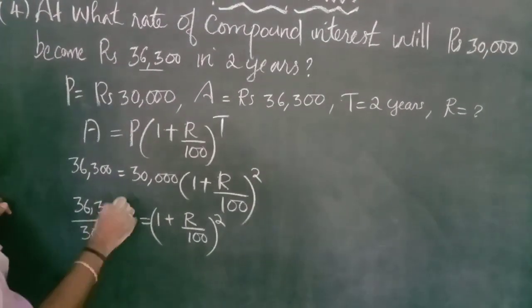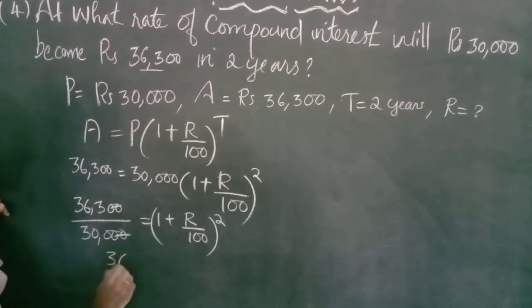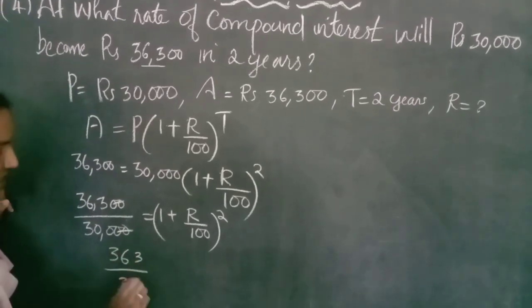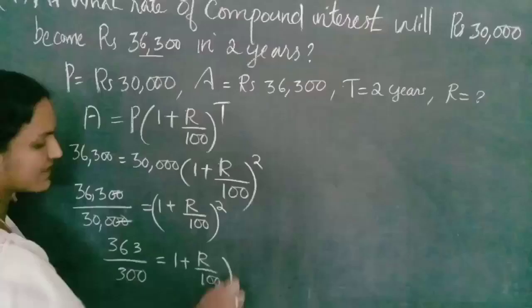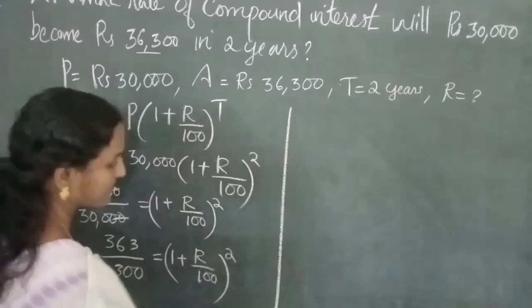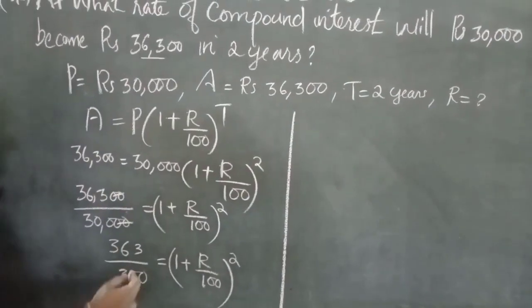Here 2 zeros cancel. So 363 by 300 is equal to 1 plus R by 100 the whole square. We can cancel by 3.